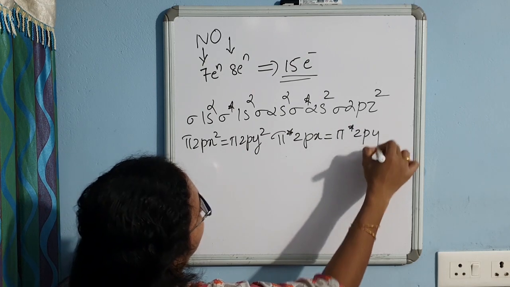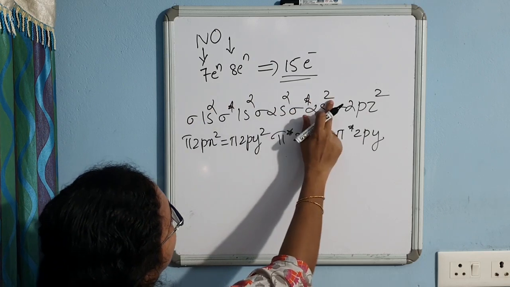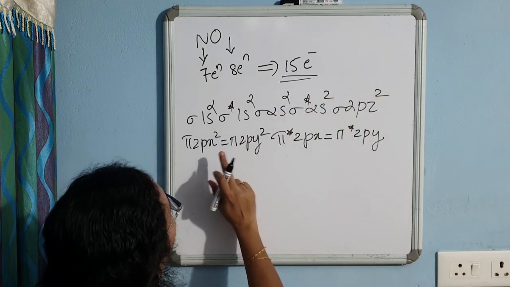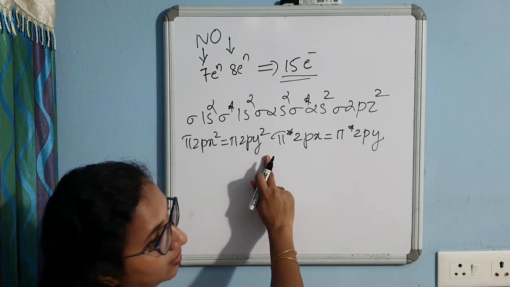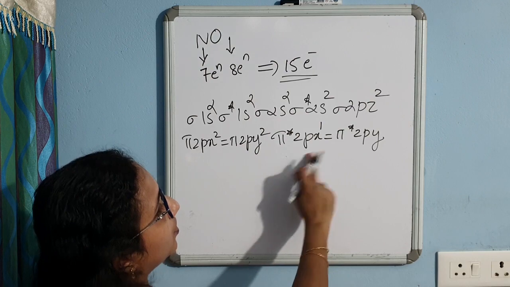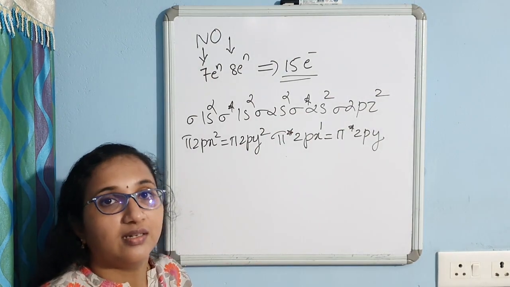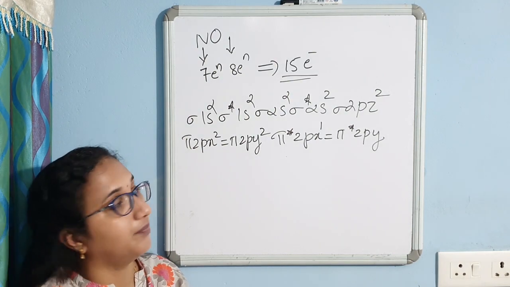You have to count the number of electrons: 2, 4, 6, 8, 10, 12, 14. One more electron is there, so that goes to pi star. Both are of the same energy, so the remaining one electron goes to either of the pi star orbitals.